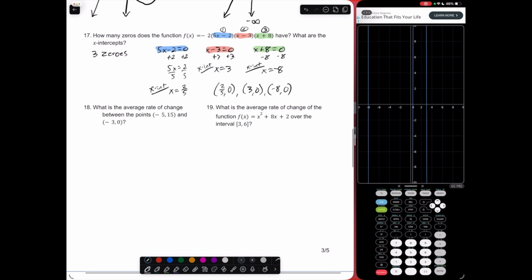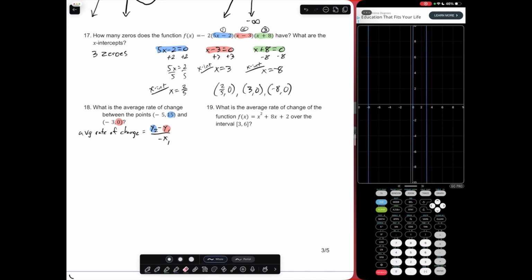All right, 18, average rate of change. We are using the slope formula. That's going to be y2 minus y1 over x2 minus x1. It doesn't really matter which one you choose as x1 and which one's x2, but I'm going to say that y2 will be there. y1 would be the other y value.